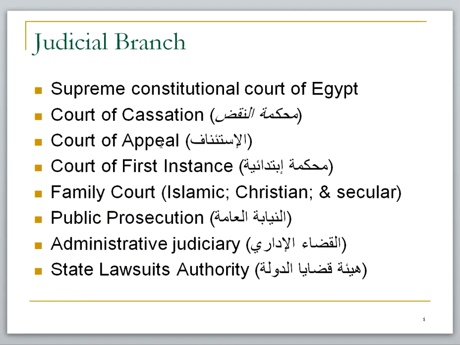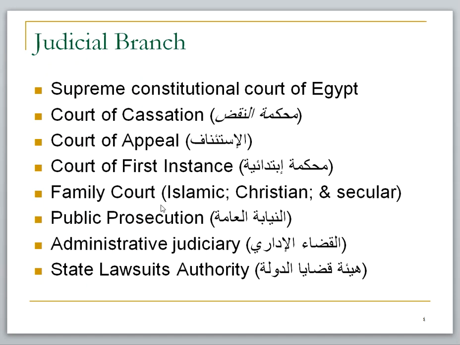A brief about the judicial branch, which is السلطة القضائية. On the top we have the Supreme Constitutional Court of Egypt, which is المحكمة الدستورية العليا, and we have the Court of Cassation, محكمة النقض, Court of Appeal, Court of First Instance, محكمة ابتدائية. As you see here in my slides, I've written the Arabic translation.